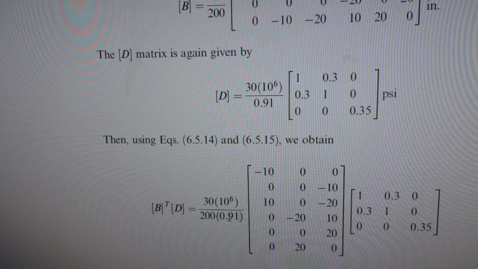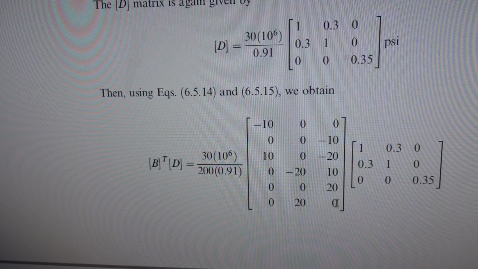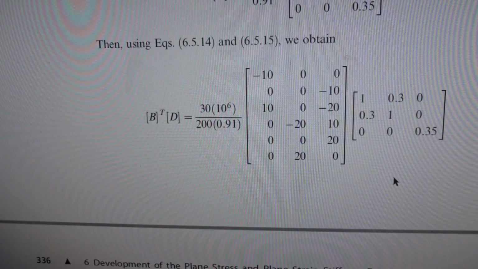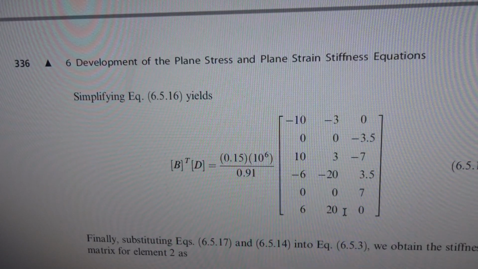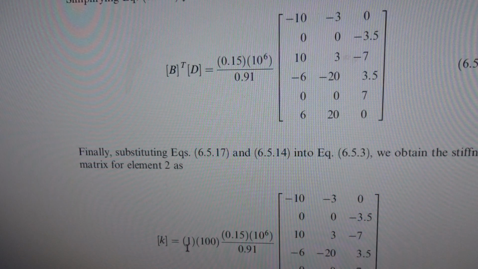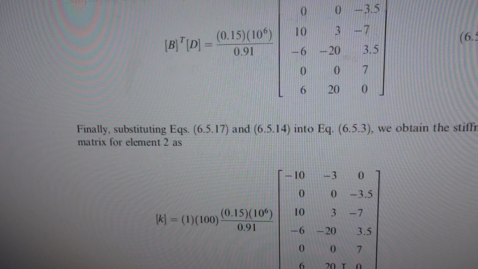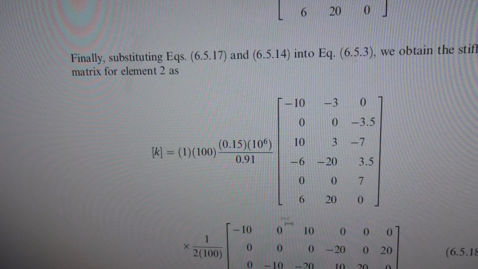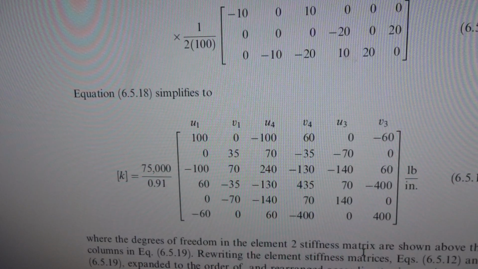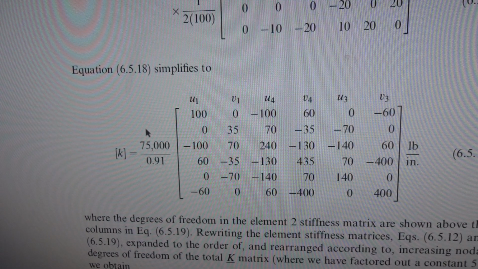So BT again, BT into D, and then K is equal to this multiplied by B. So this is the K matrix for element 2.